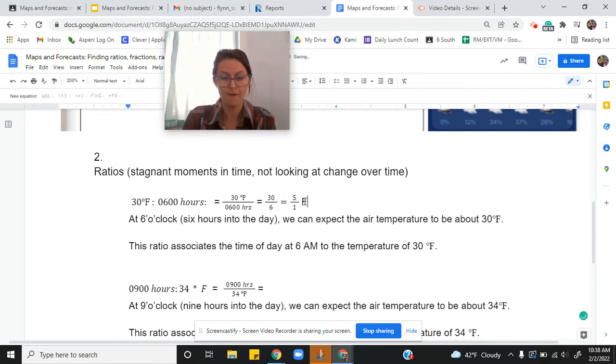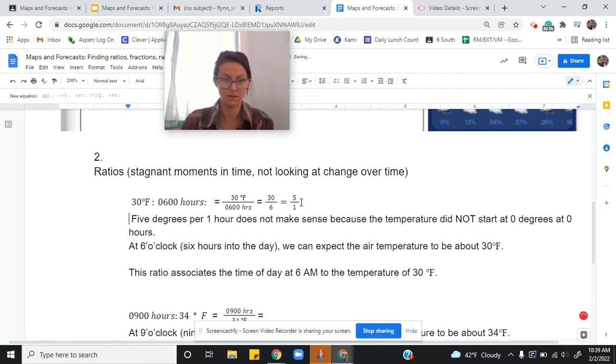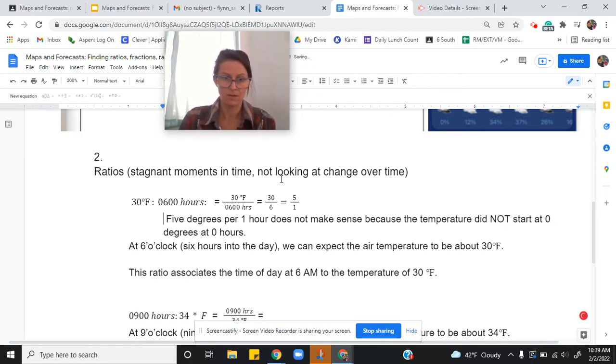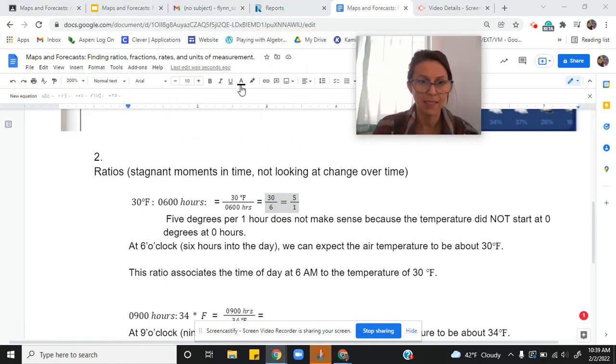That doesn't make sense. 5 degrees per 1 hour does not make sense here because the temperature did not start at 0 degrees at 0 hours. Okay? So let me turn these red because this is a misinterpretation.